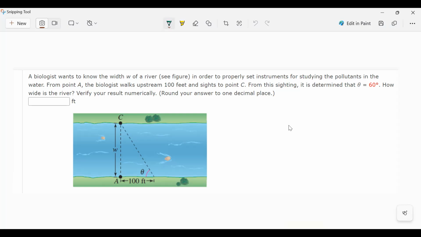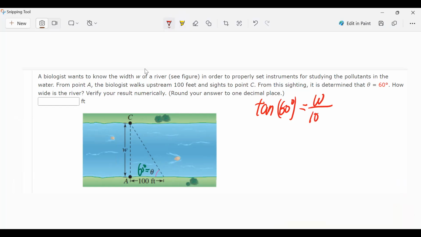So we're looking for W here. Theta is 60 degrees. We do tangent theta: tangent 60 degrees equals opposite, which is W, over adjacent, 100 feet. Tangent 60 is radical 3, special angles.